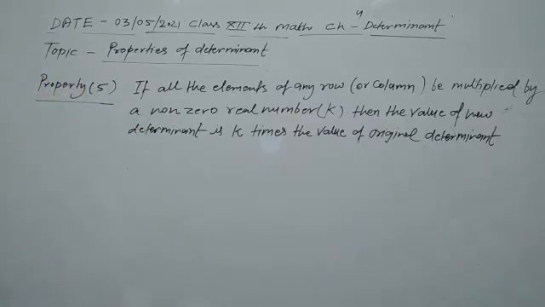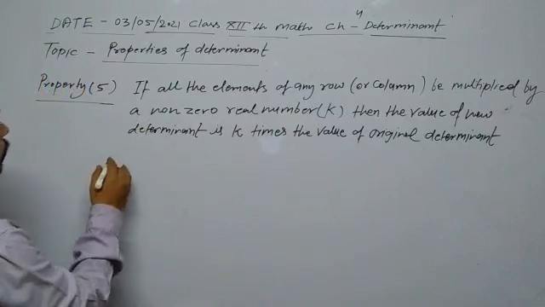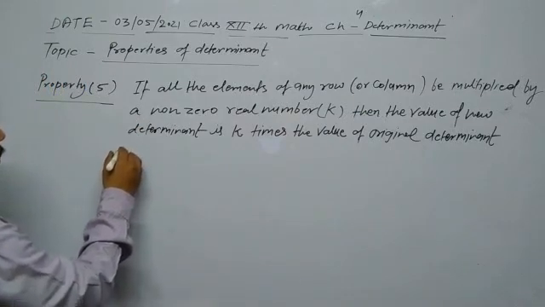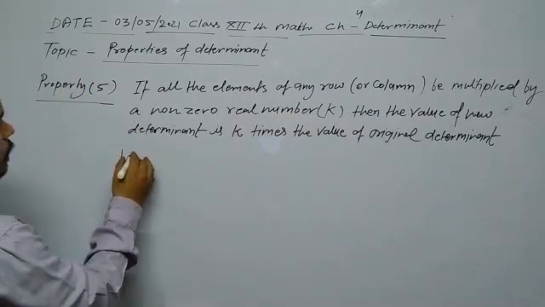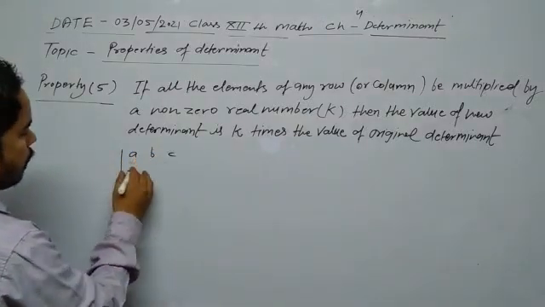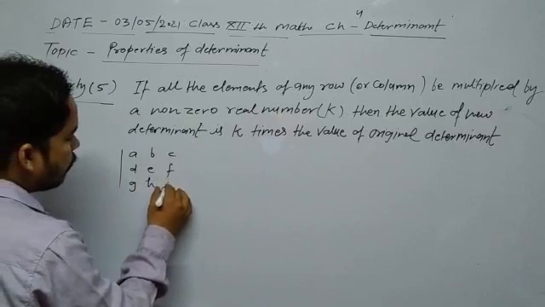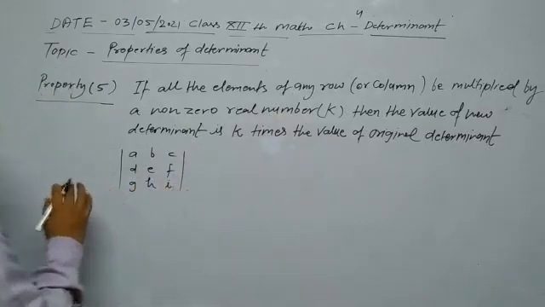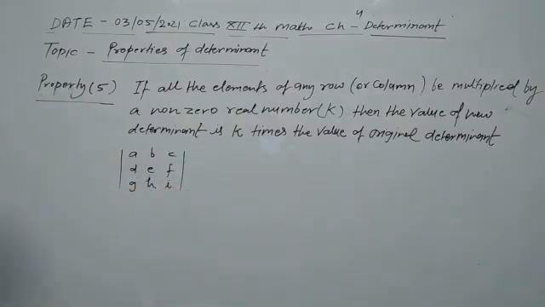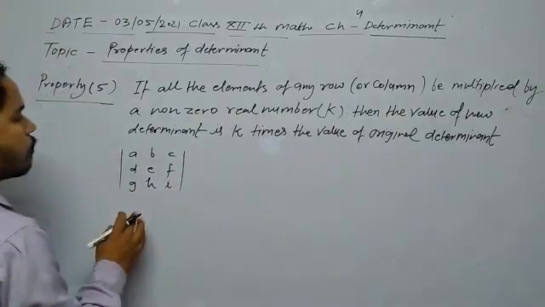So see the concept. Consider this: A, B, C, D, E, F, G, H, I. This is the original determinant.